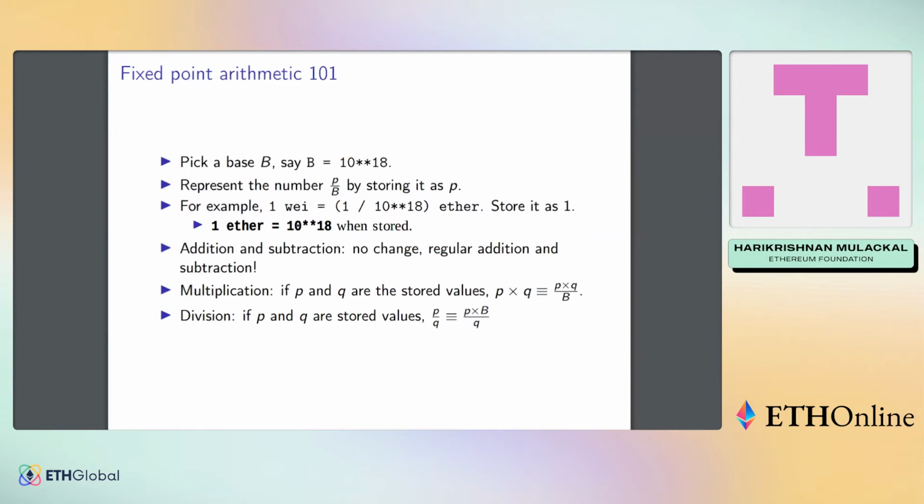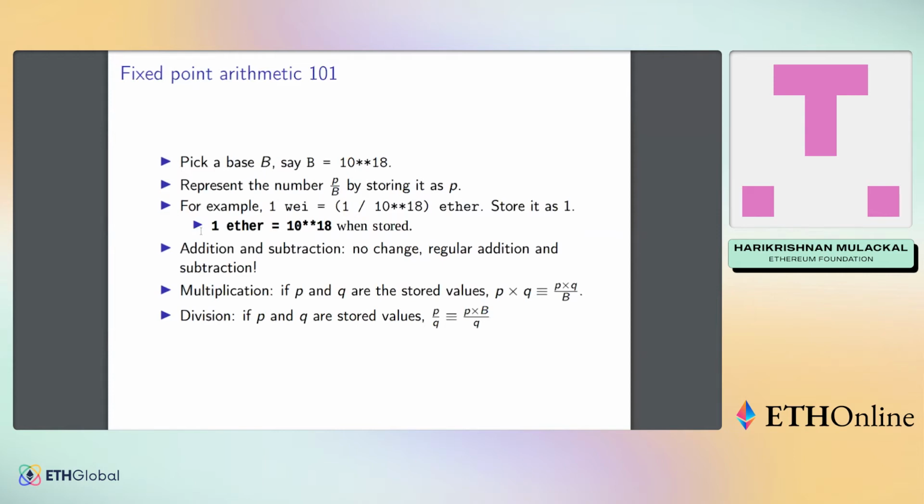So before we talk about what's happening, I want to make an introduction to fixed point arithmetic. What is even fixed point arithmetic? Effectively, you can think about it as working with fractions or floating point numbers, although the use of floating point number is a bit of a misnomer, but you get the idea.